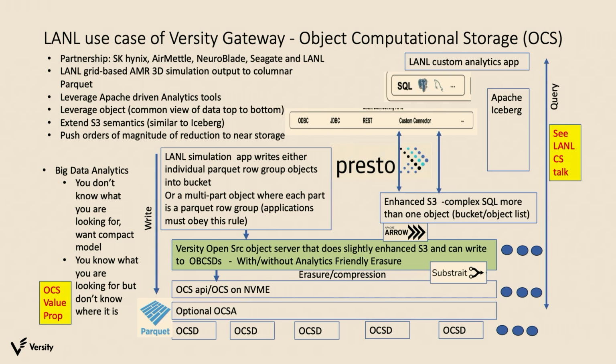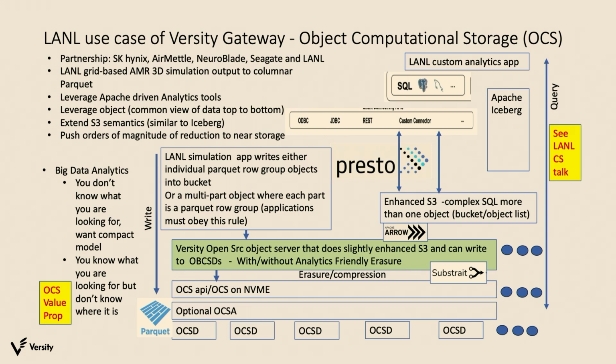And this is sort of a poster child for computational storage, because we want to get reduction as close to the storage as possible, so that we're not moving petabytes, we're moving terabytes, which would be great. And so that's why we're calling it a computational storage project.